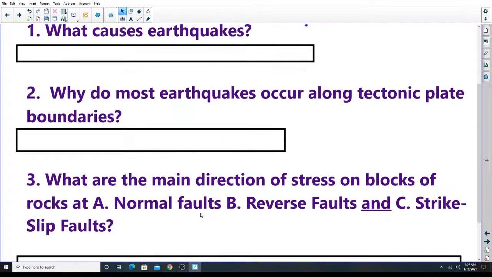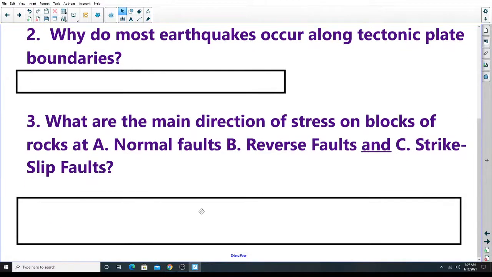And then the third question says, what are the main directions of stress on the blocks of rocks at a normal fault? So what they're asking there is, at a normal fault, are the rocks pushing together? Are they pulling apart?